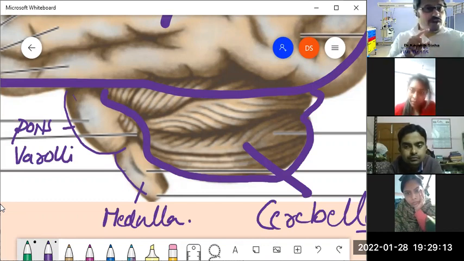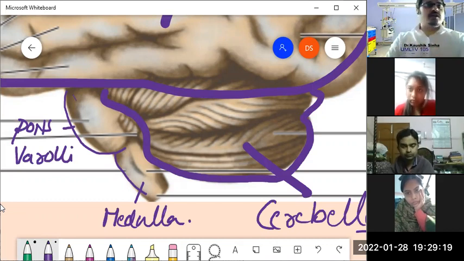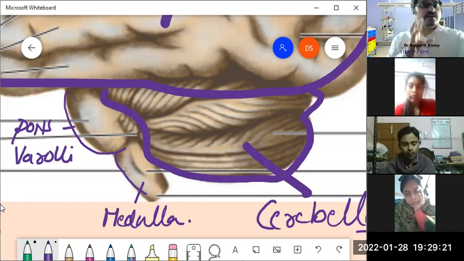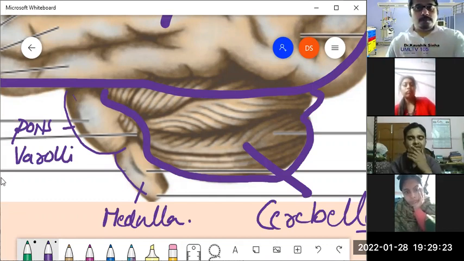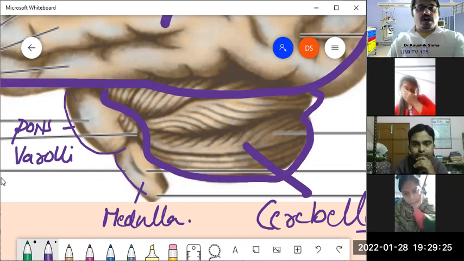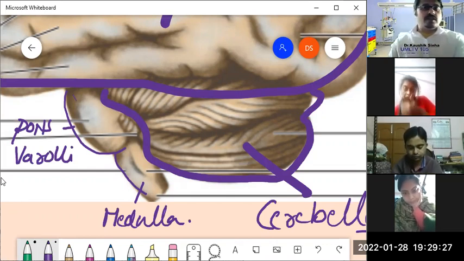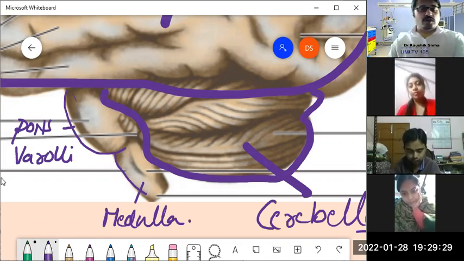Try to recall diaphragm, external intercostals, internal intercostals. All these muscle contractions are possible because of nerves originating from this part of the brain. This is known as the pons varolii. And the other one is known as medulla oblongata.